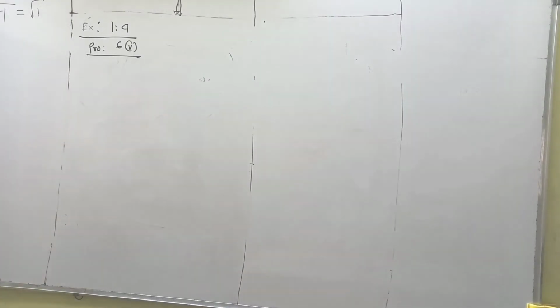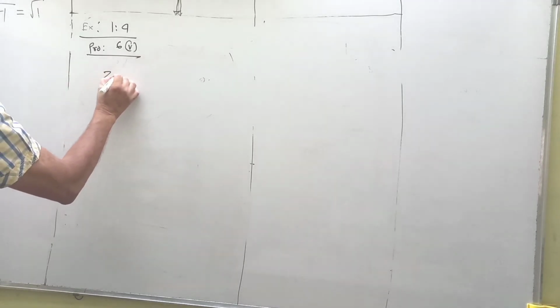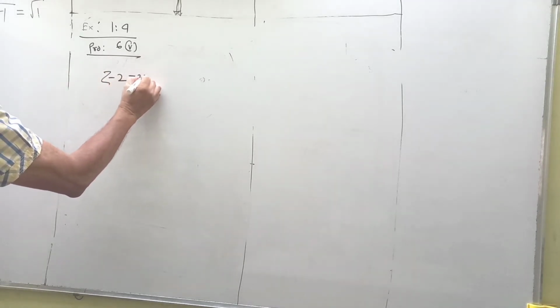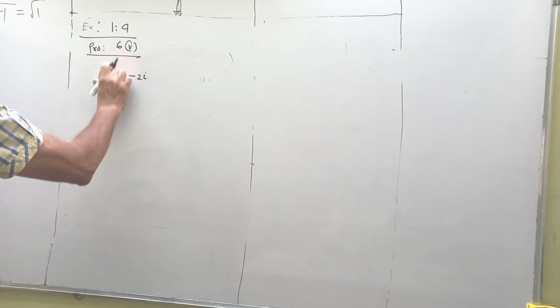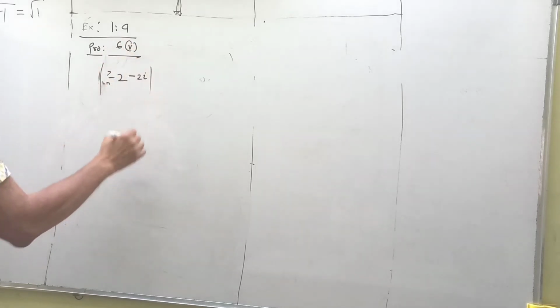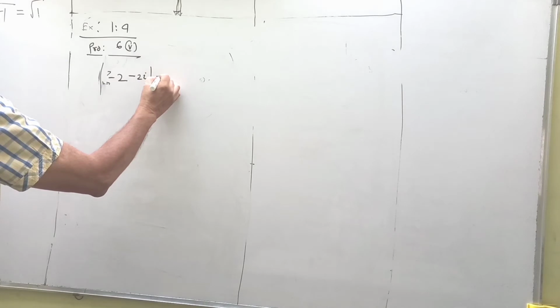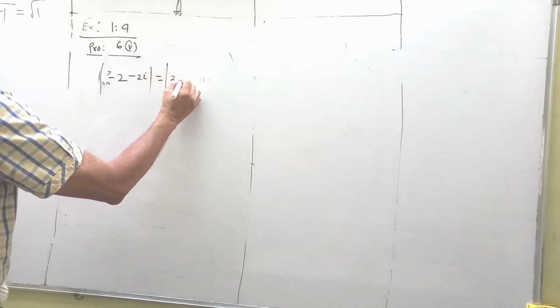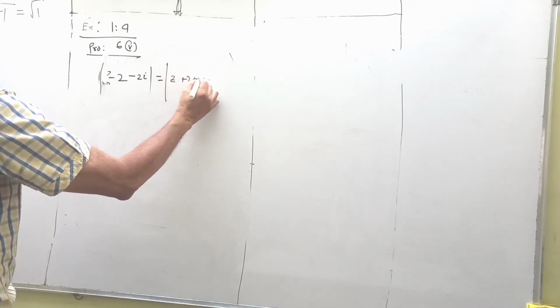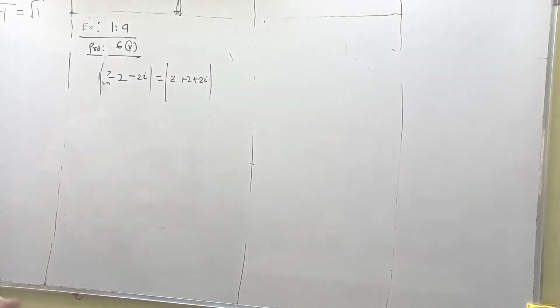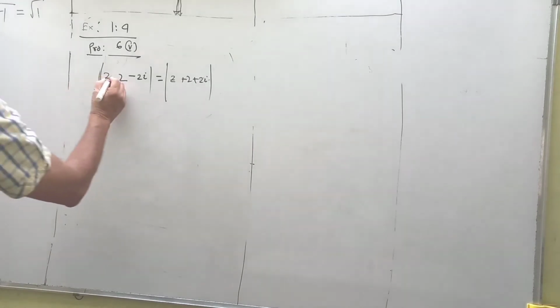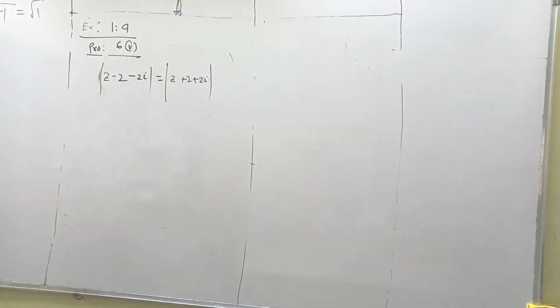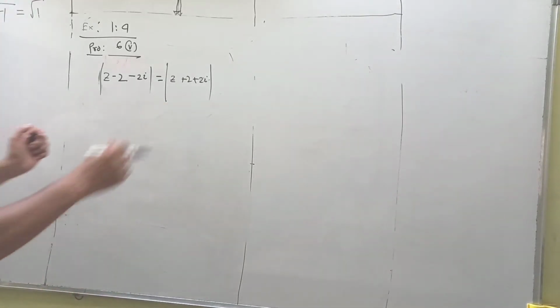Now |z − 2 − 2i| = |z + 2 + 2i|. Now we have to find out the locus.